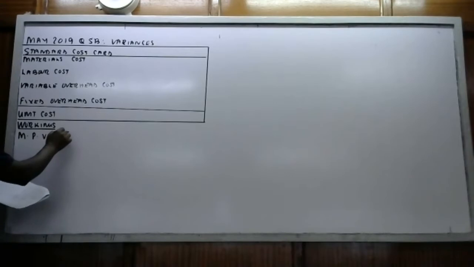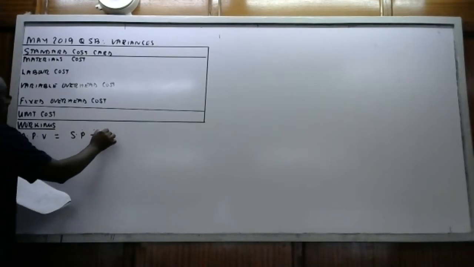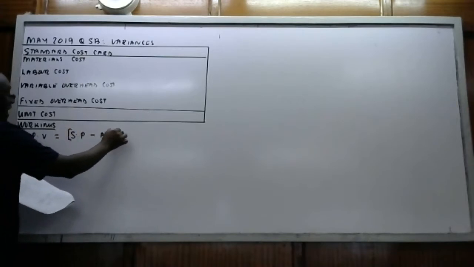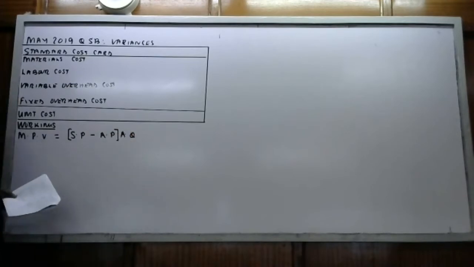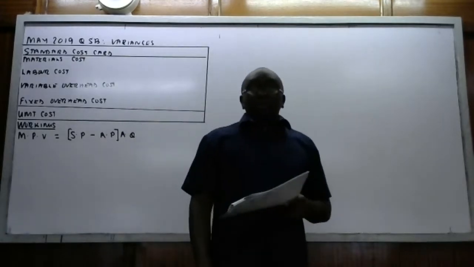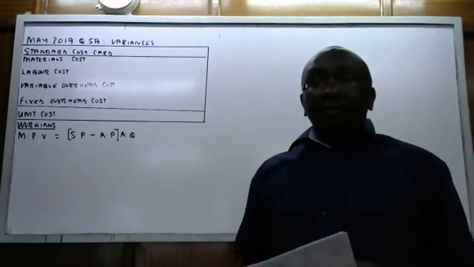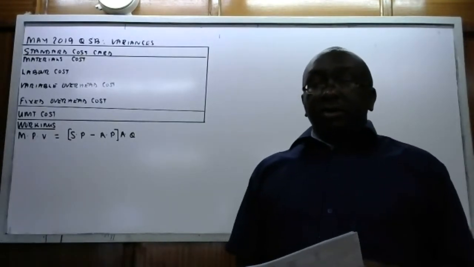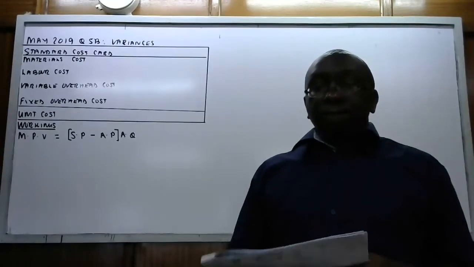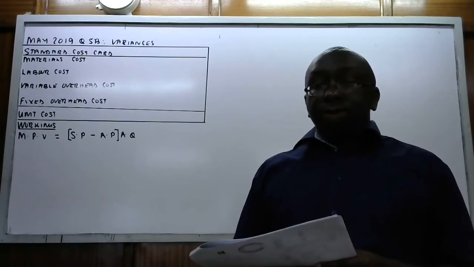Material price variance is equal to standard price minus actual price, you multiply by the actual quantity. Are you okay with those initials, Nyambura? Type yes or no, whichever applies. Good.